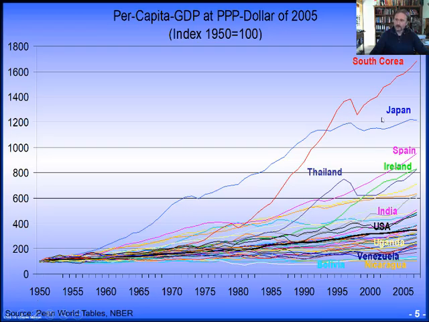As is obvious for a couple of countries, these differences are quite large. While some countries like South Korea, Japan or Spain have increased their per capita GDP by factors 10 to 16, other countries like Bolivia, Venezuela or Uganda have experienced stagnating GDP levels or even a slightly negative GDP performance.